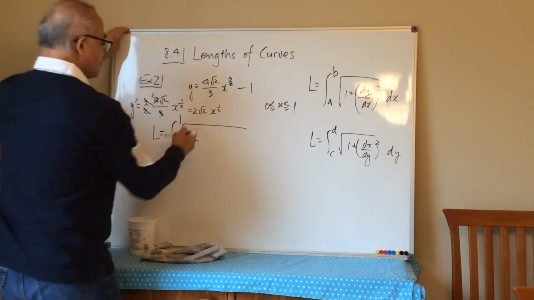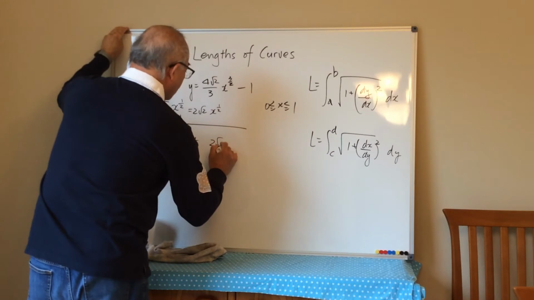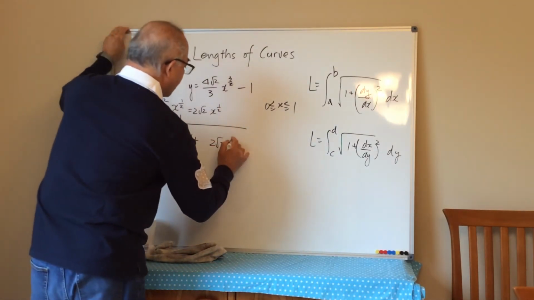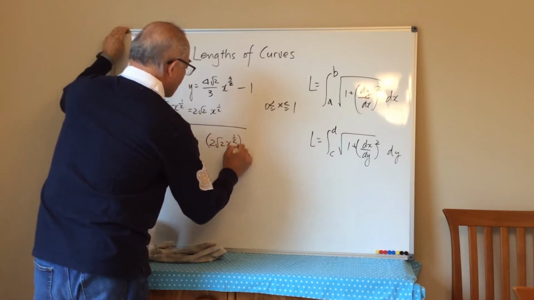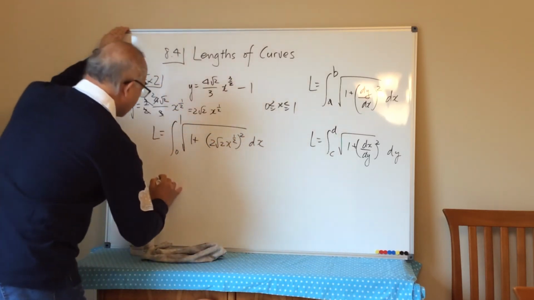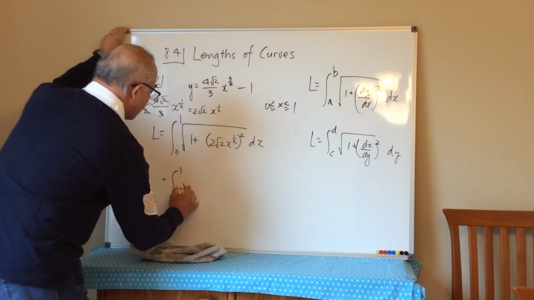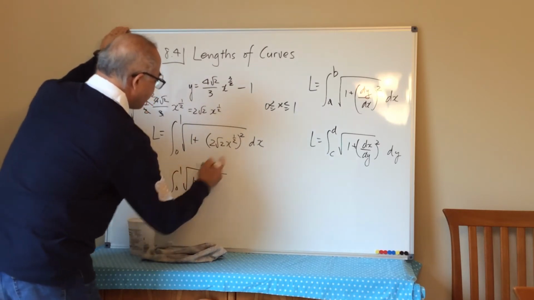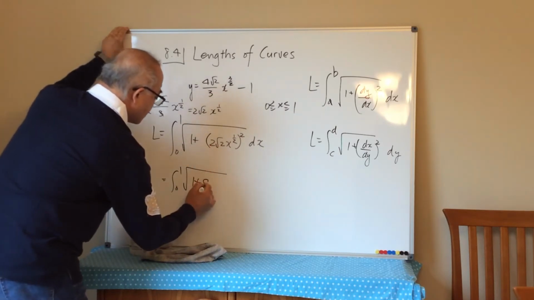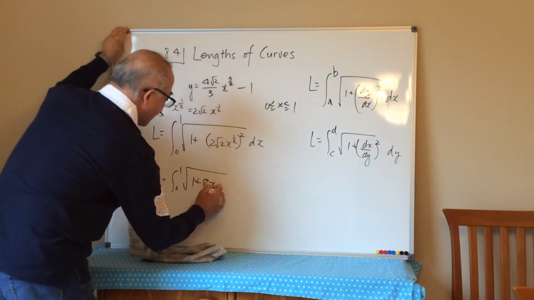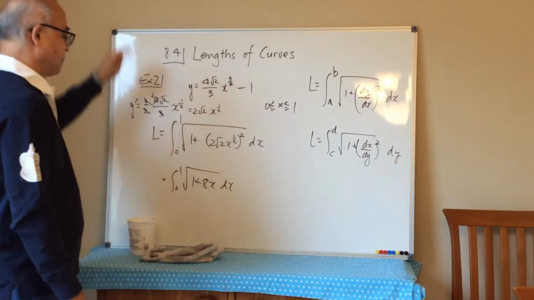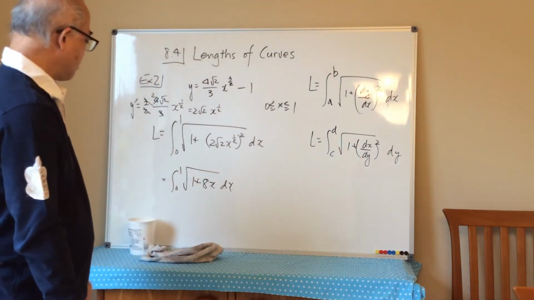So dy/dx is 2 root 2 x to the 1/2, and I'm going to square this. Going from 0 to 1, 1 plus, if I square this, I get 4 times 2 is 8x, dx. Okay, so how do I do this?